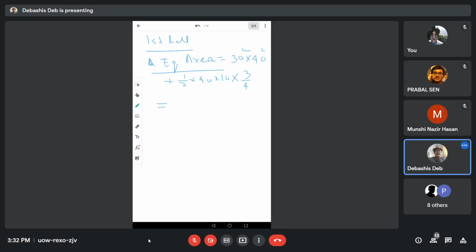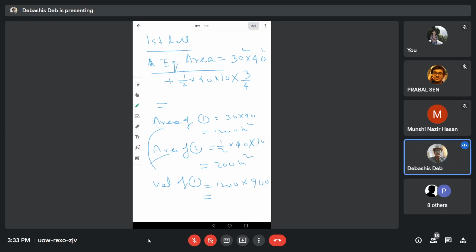Alternatively, let me do it here: area of 1 equals 30 into 40, 1200 square meter. Area of R1 equals half into 40 into 10, that is 200. Again, value of 1 will be 1200 into 900.